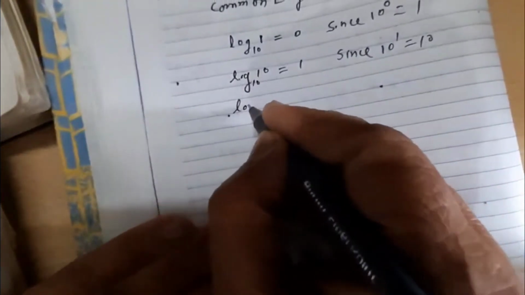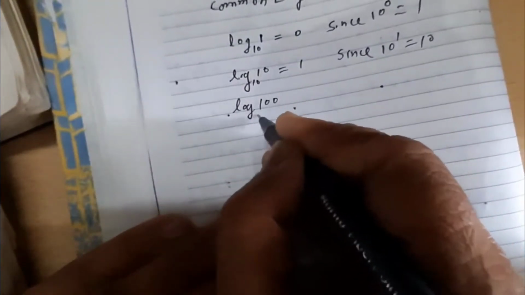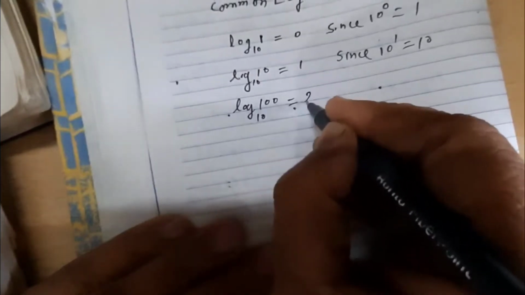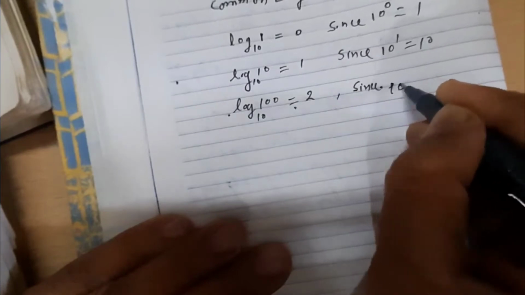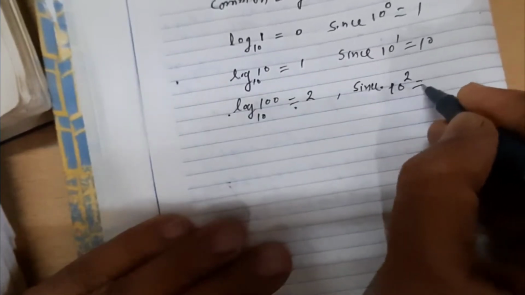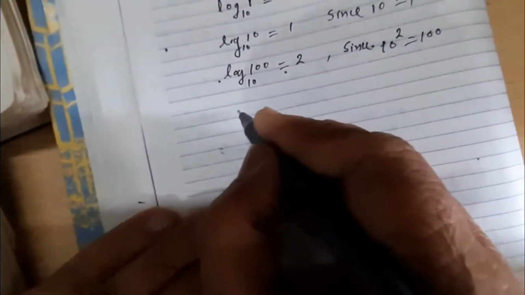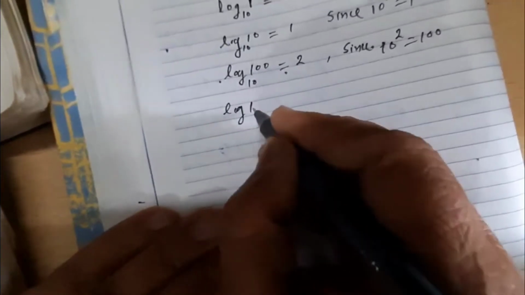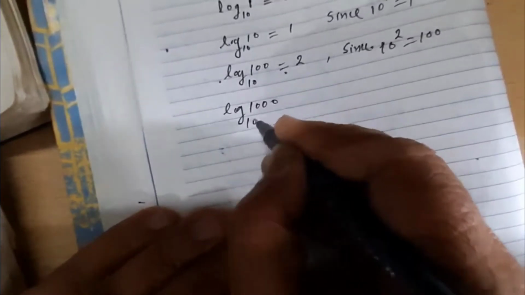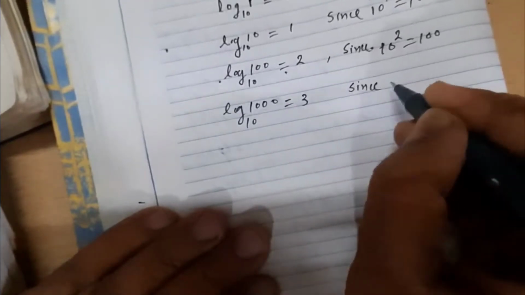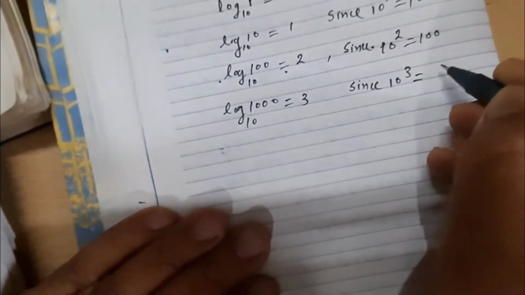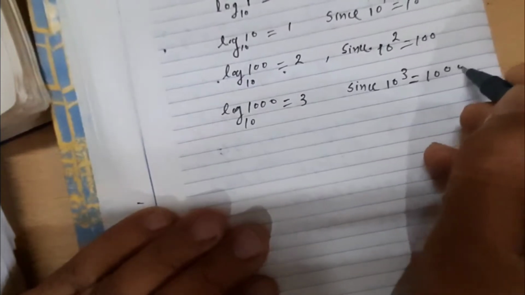Similarly, log 100 base 10 is equal to 2, since 10 to the power 2 is equal to 100. Similarly, log 1000 base 10 is equal to 3, since 10 to the power 3 is equal to 1000.